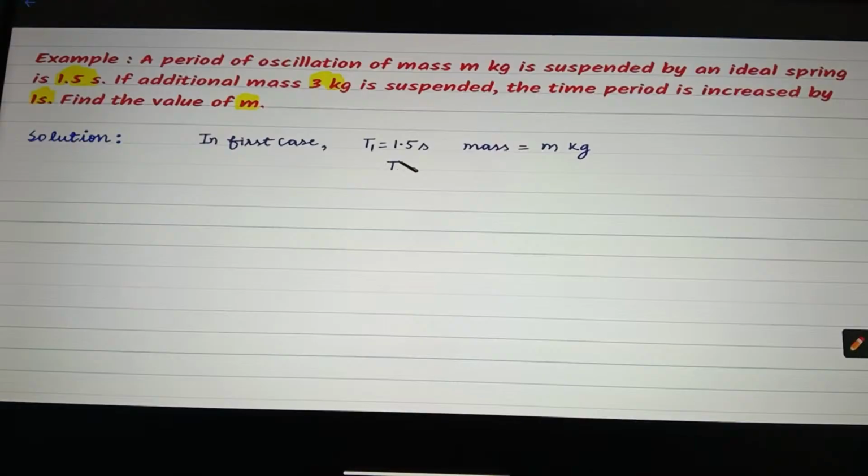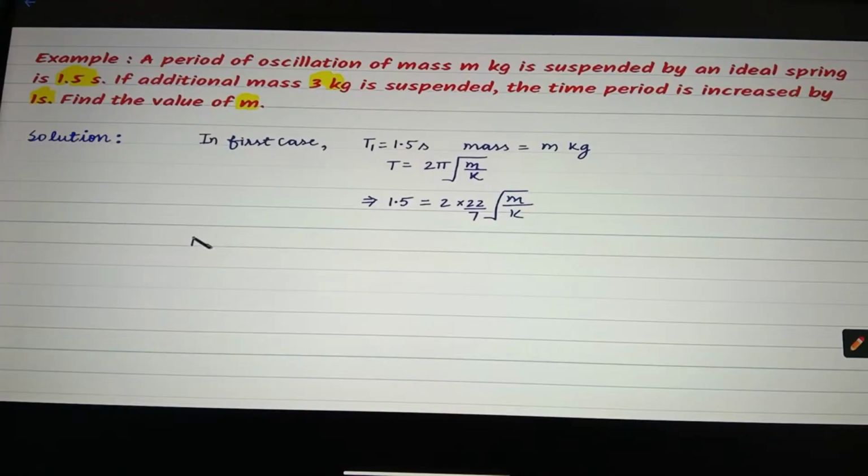As the time period is given by 2 pi square root of m by k, this implies 1.5 is equal to 2 multiplied by 22 by 7 times the square root of m by k.